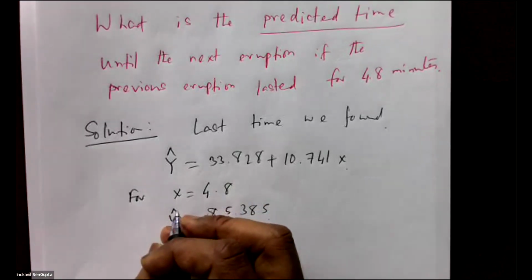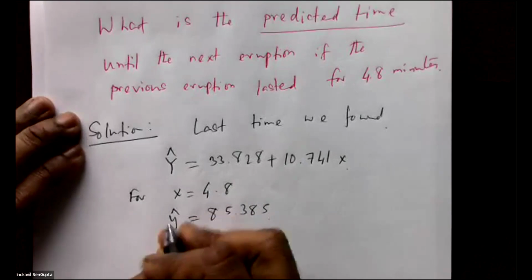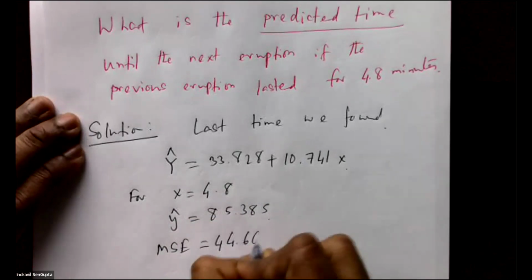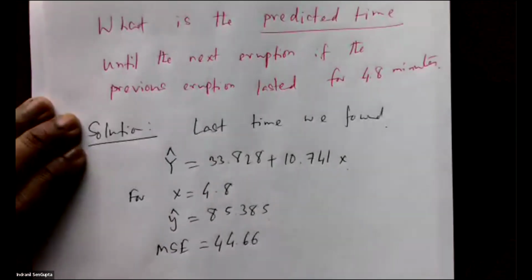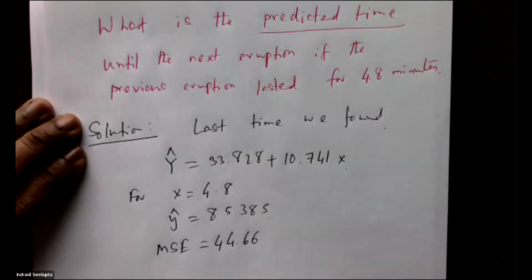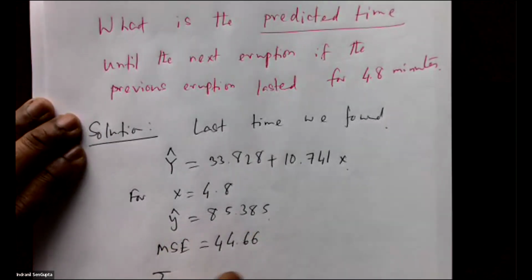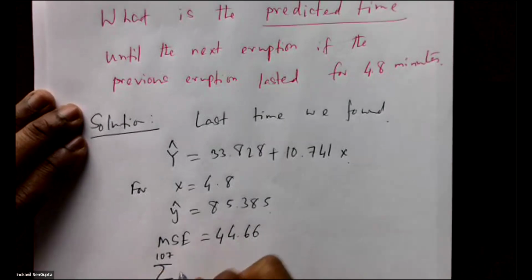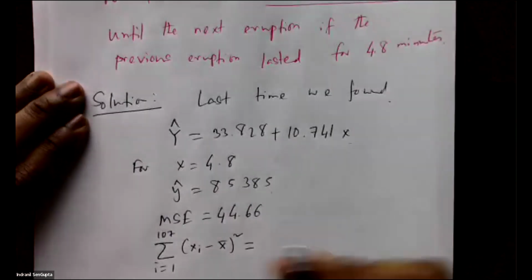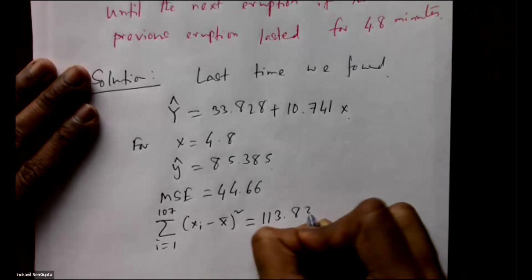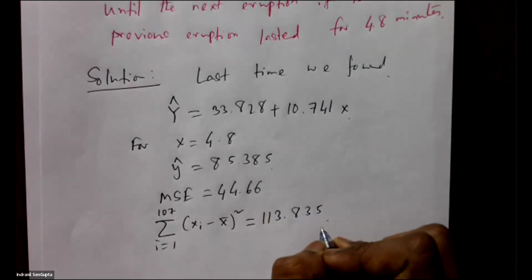Now, MSE is 44.66. We have found it last time. And also the summation i from 1 to 107 of (x_i minus x bar) squared equals 113.835. So this is everything we have found last time.